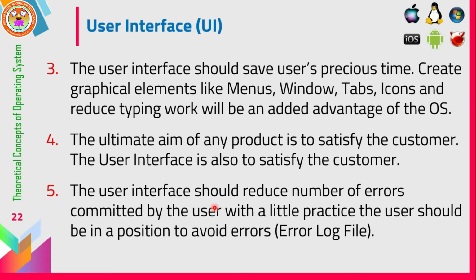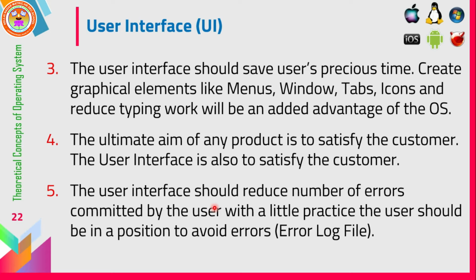Nowadays you can choose an option or select from menus, so easily you can do the work. If you had to choose an application by typing, nobody would like that concept. So that's why the user interface should save the user's precious time.